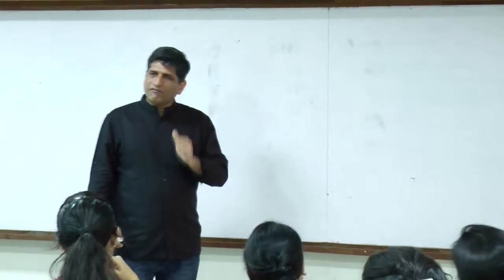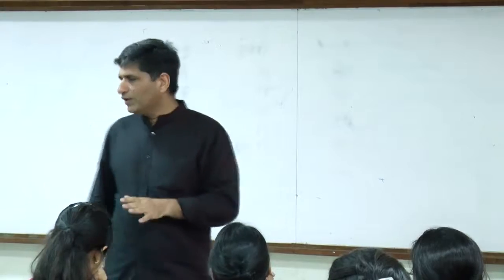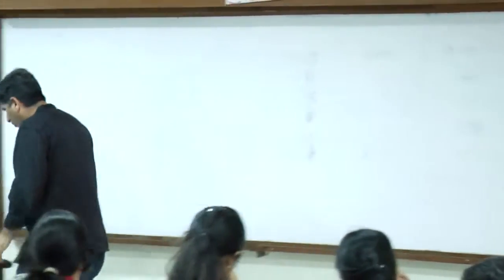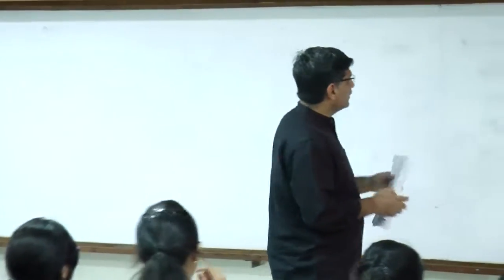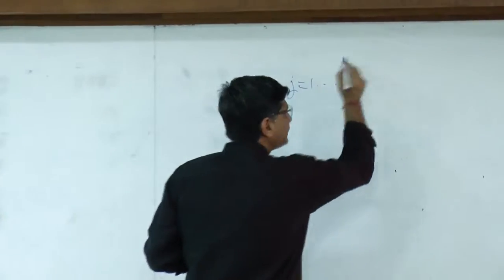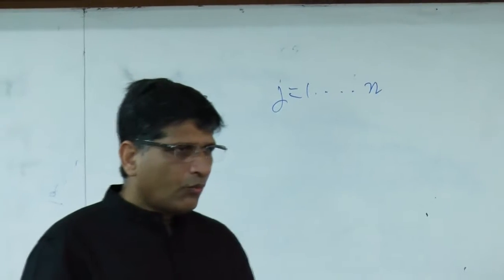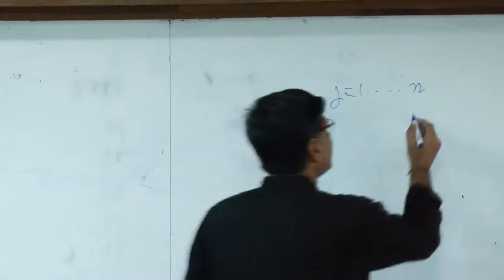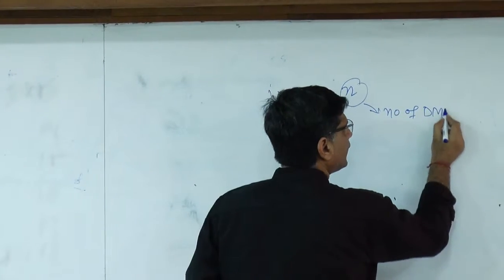Now, every model requires notation, and we will use some standard notation. First notation is j varies from 1 to n. What is n? n is the number of DMUs.